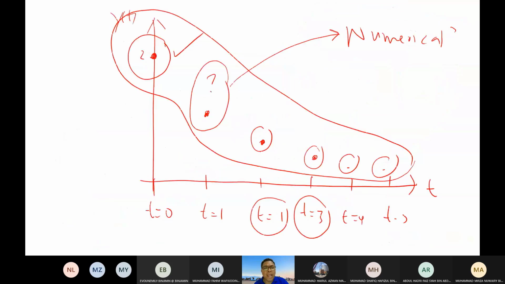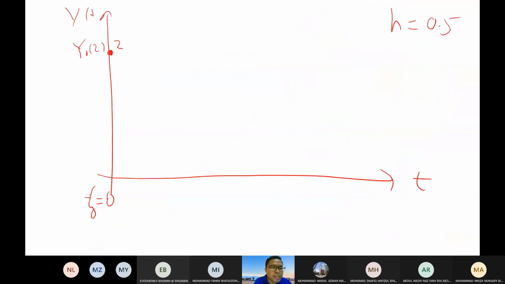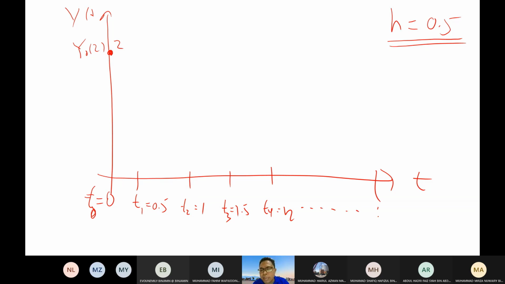So the first values of y and t you usually denote with naught. Because h is 0.5, the next t1 will be 0.5, t2 will be 1, t3 will be 1.5, t4 will be 2, until tn, which is 5.